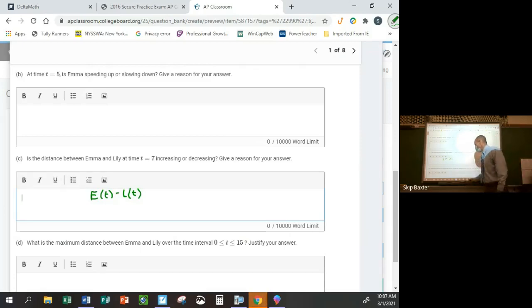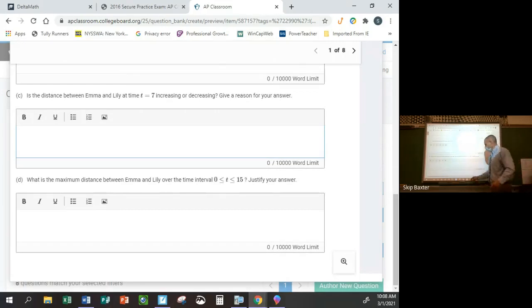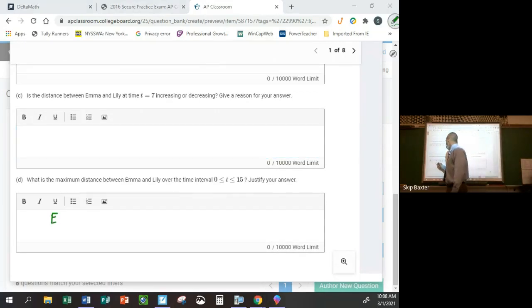Right? And then the last question, what is the maximum distance between Emma and Lily over the time interval from 0 to 15? How do you calculate that? The first derivative test of that equation that you just wrote. Yeah, I know that E of t minus L of t is the rate at which the distance between them is changing, D prime of t, right?